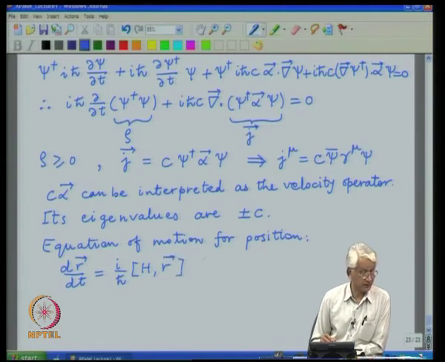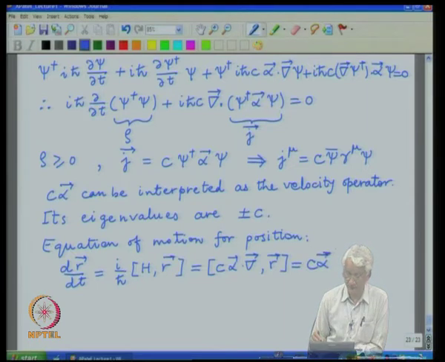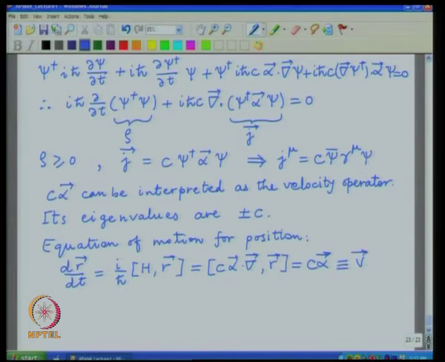of r with the Hamiltonian, and now one can, sticking in the explicit form of the Hamiltonian, the only part of the Hamiltonian which does not commute with the position vector is the one containing the gradient, and one can easily evaluate this quantity which does produce the same operator which we identified in the current component, and indeed one can now take this to be a definition of the velocity operator.